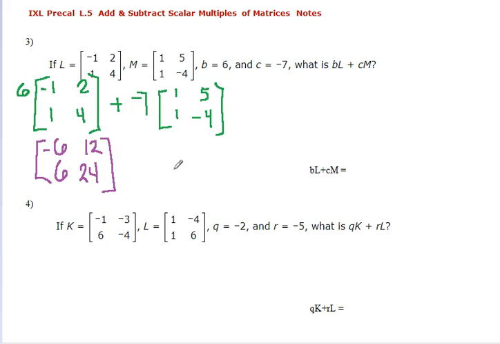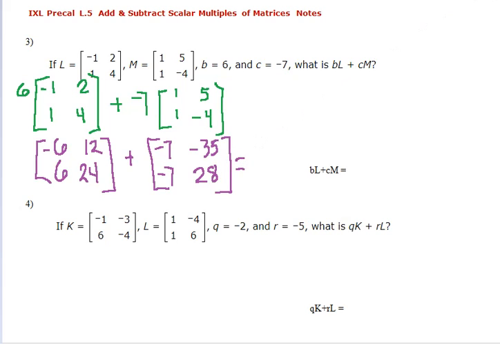We're going to add that to negative 7 times 1 is negative 7. Negative 7 times 1, negative 7. Negative 7 times 5, negative 35. Negative 7 times negative 4 is a positive 28.